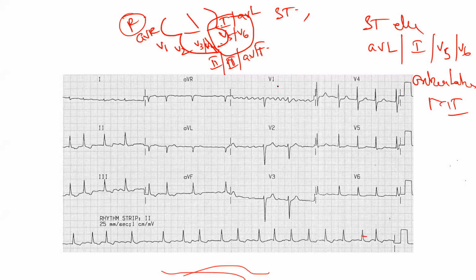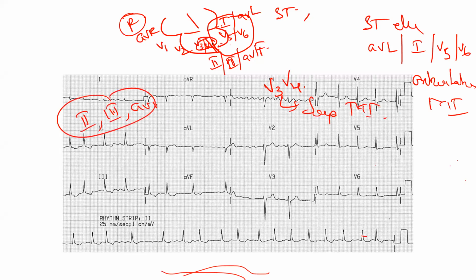For example, if you have ST elevation in V3 and V4 alone, which are facing the septum, that is septal myocardial infarction. If you find it in 2, 3 and AVF, these are the leads facing the inferior wall. So this is an example of inferior wall MI.